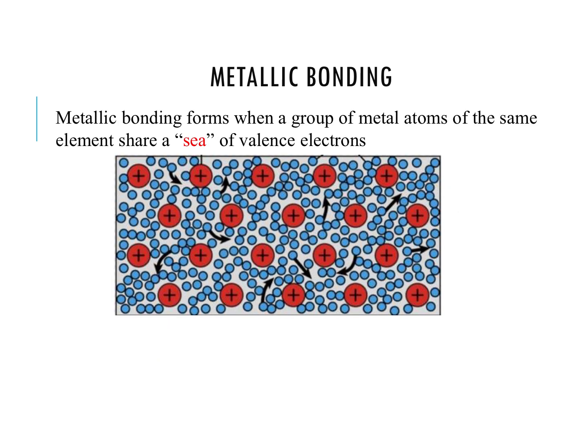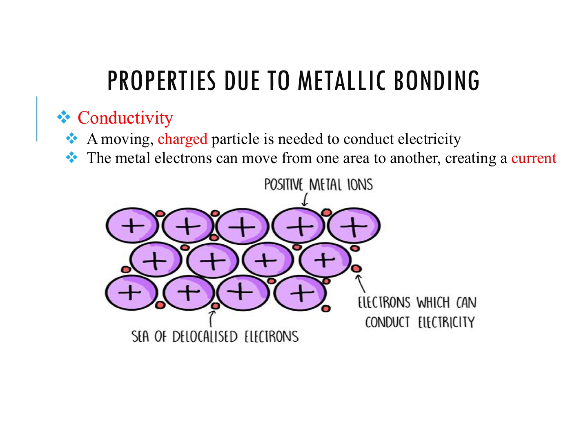Metallic bonding forms when a group of metal atoms of the same element share what's often called a sea of valence electrons. We can see that here, all of the blue is different valence electrons with arrows showing the movement, and then we've got those metal cations from the very closely packed atoms.